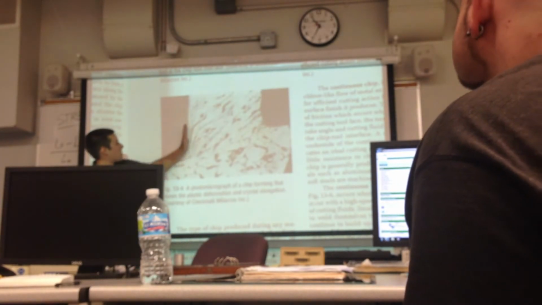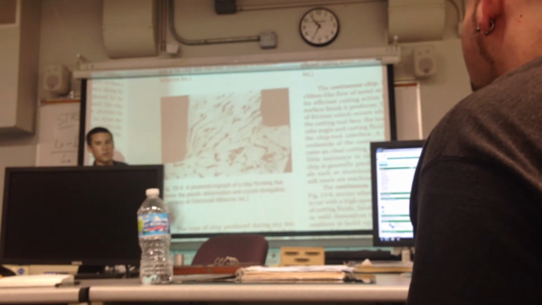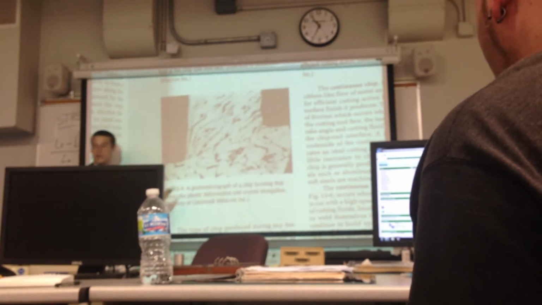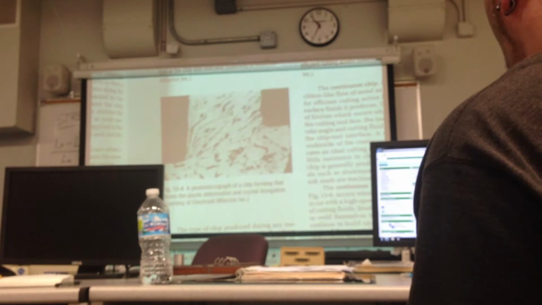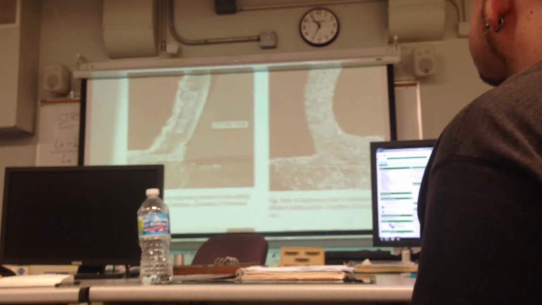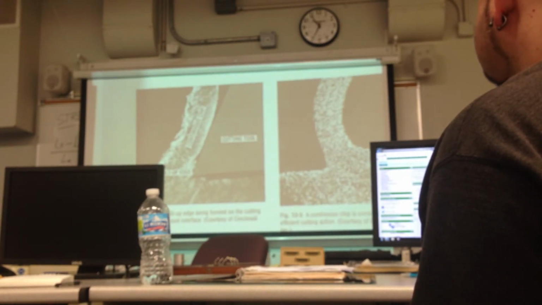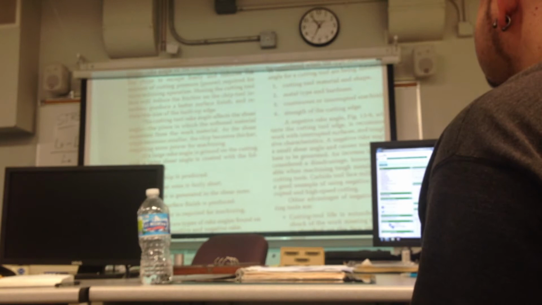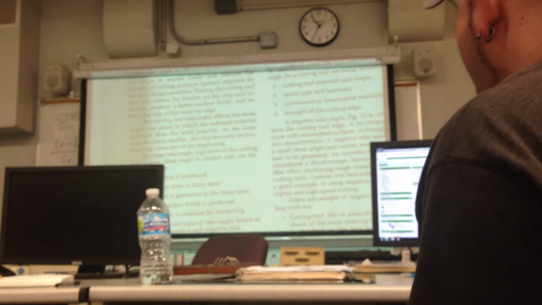This is a very small rake angle here. It's not like in the videos we were watching, which was like 30 degrees, which you wouldn't ever use. Now, this picture's not too bad, but in that video, you'll really be able to see it now that you're looking for it.